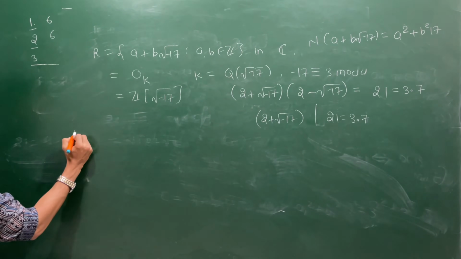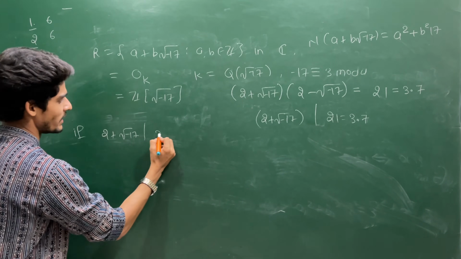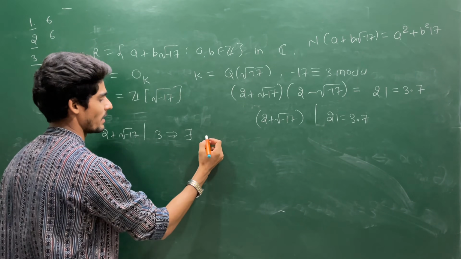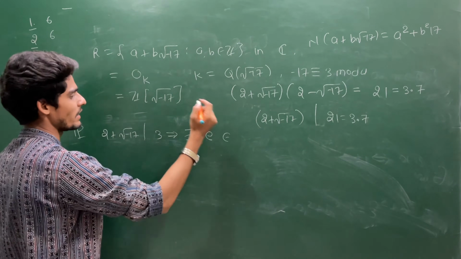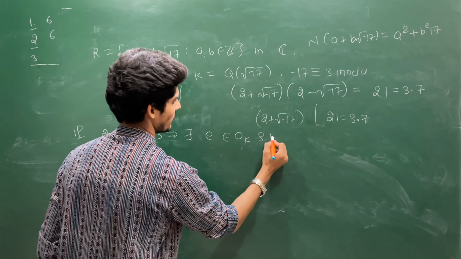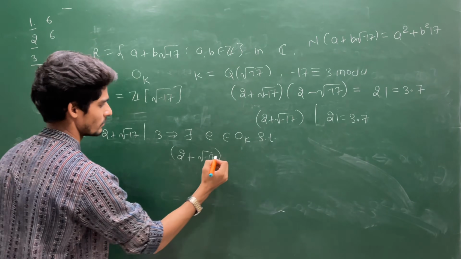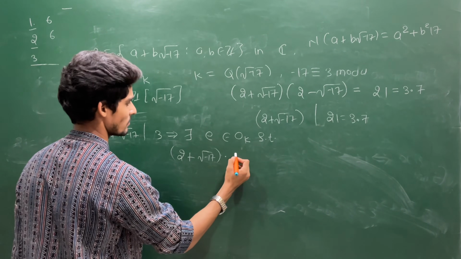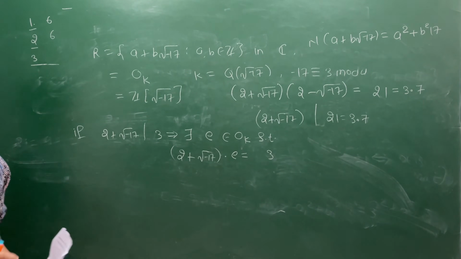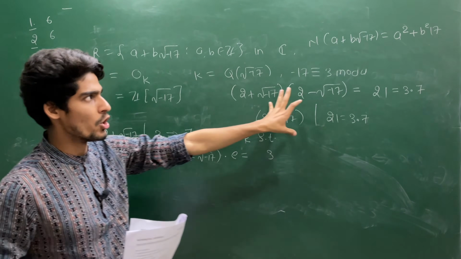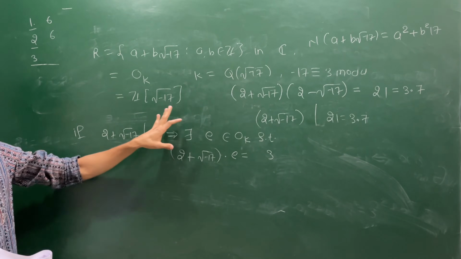See how? If 2 plus square root of minus 17 divides 3, this implies there must exist some element E, a member of the ring, such that the product equals 3. In most cases you have to use the norm and trace. Trace may be a new word for you, but it is a standard term used in algebraic number theory.